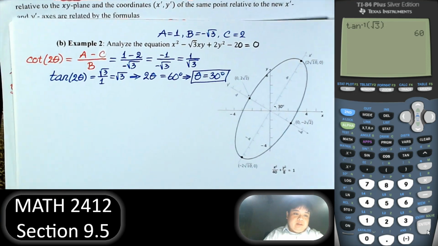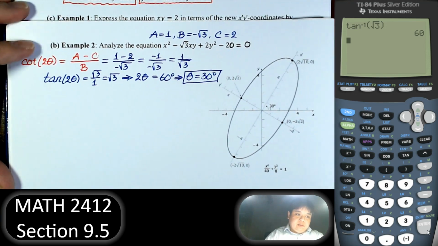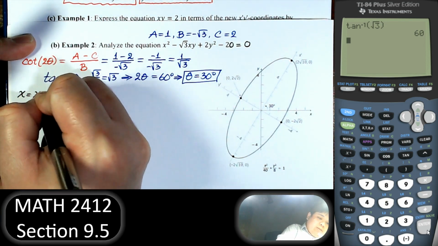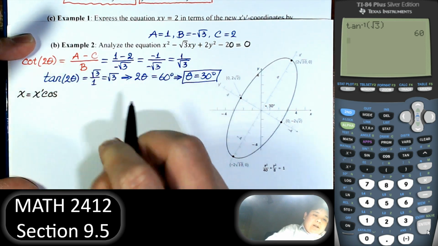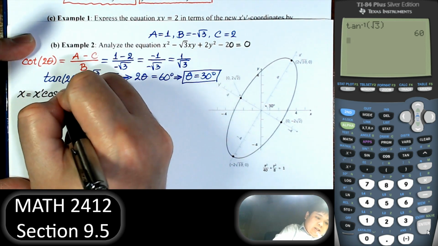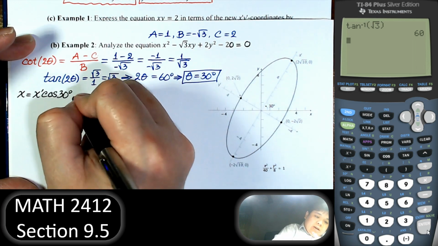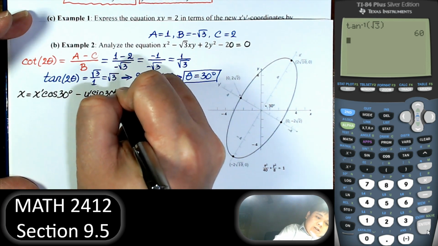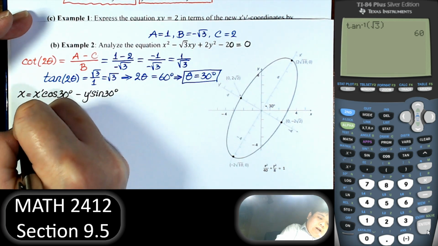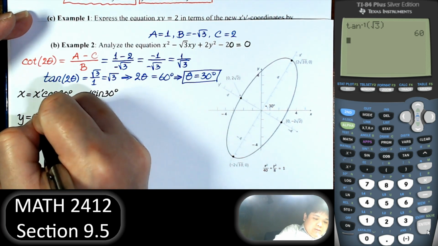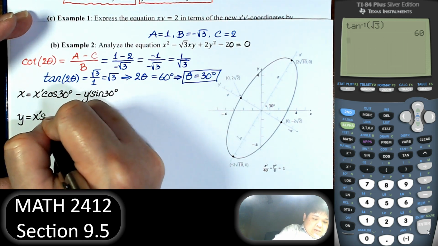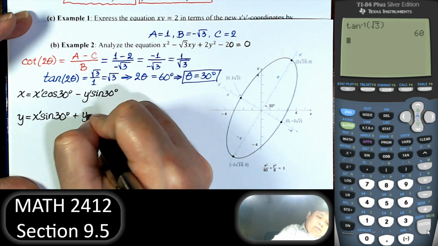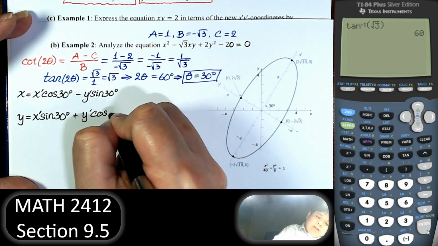So I'm going to write out x equal to x prime cosine of theta, which is 30 degrees, minus y prime sine of 30 degrees, and y will be equal to x prime sine of 30 degrees plus y prime cosine of 30 degrees.